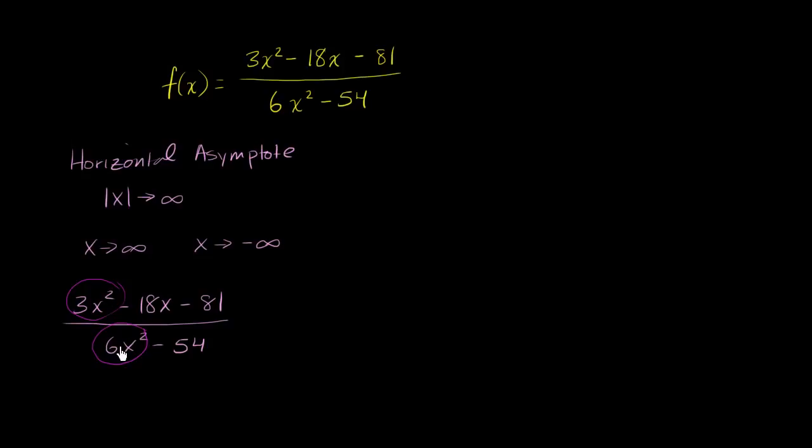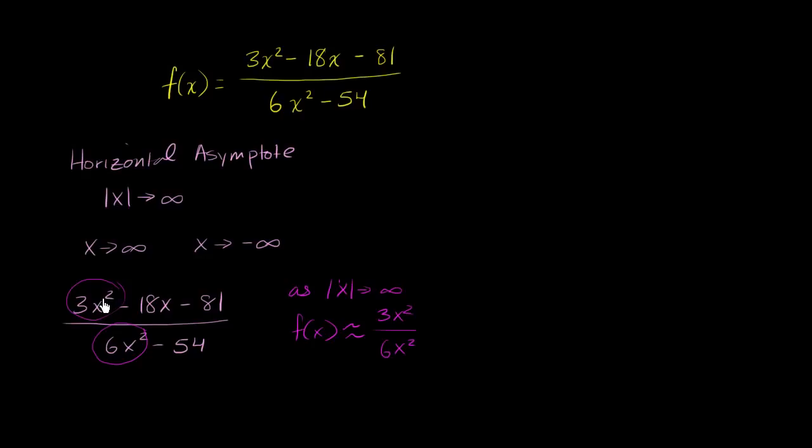So as the absolute value of x approaches infinity, these two terms are going to dominate. F of x is going to become approximately 3x squared over 6x squared. These other terms are going to matter less. Obviously, minus 54 isn't going to grow at all, and minus 18x is going to grow much slower than the 3x squared.